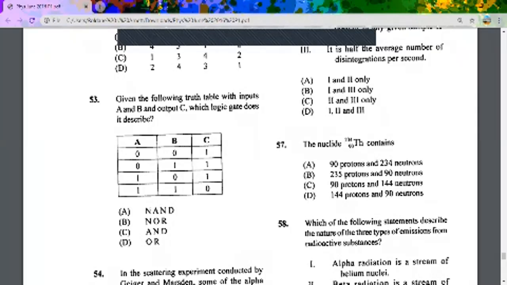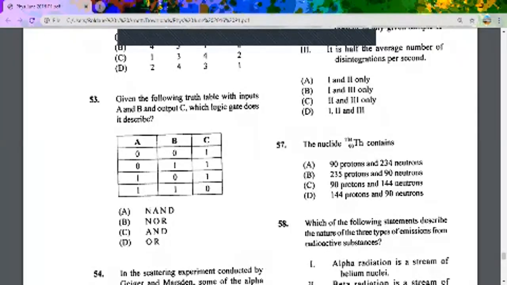If it was a NOR gate, the middle inputs would not give us an output of 1. It would give us an output of 0, because for the OR it would give us 1, but for the NOR it would give us 0. What about AND? The first one rules out an AND gate. Let's try the NAND. That must be the answer.